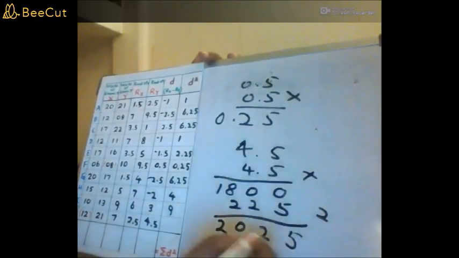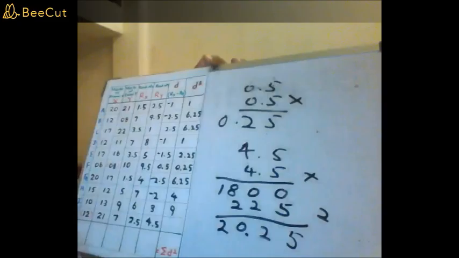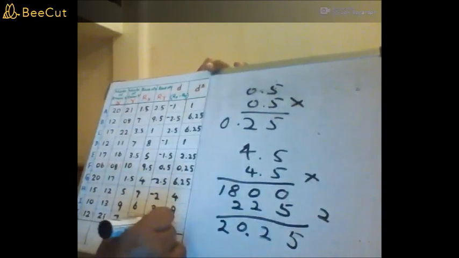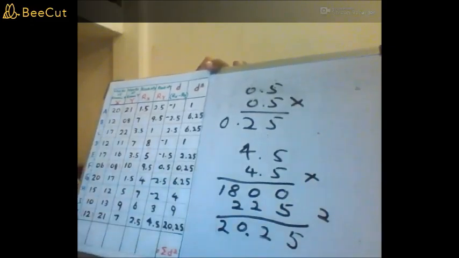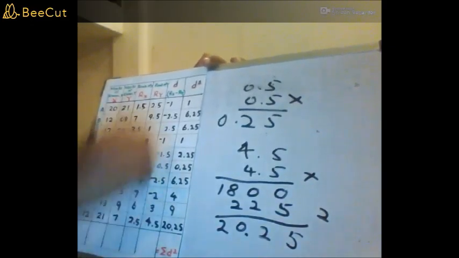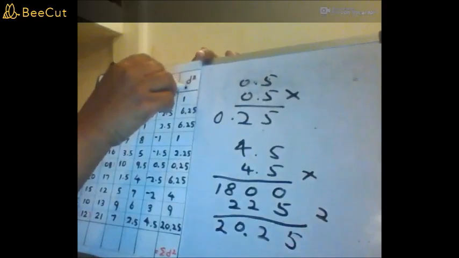Two decimal places, 1, 2: 20.25. So 20.25. Right? So we have calculated the d squared.